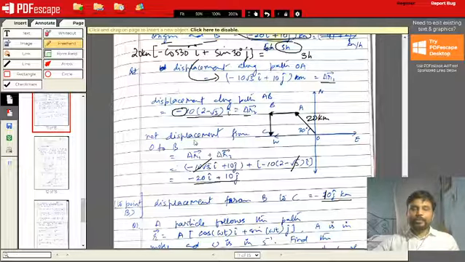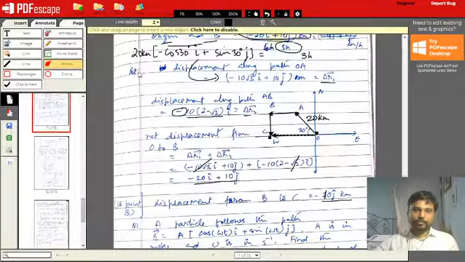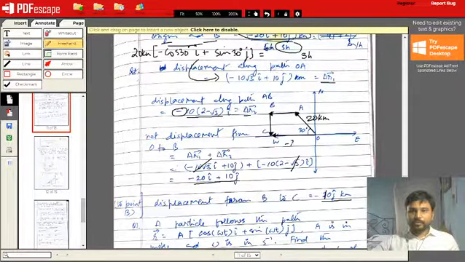So that means this vector is some minus 20 i cap, and the average velocity would be 20 divided by the total time taken, that is 5 hours.